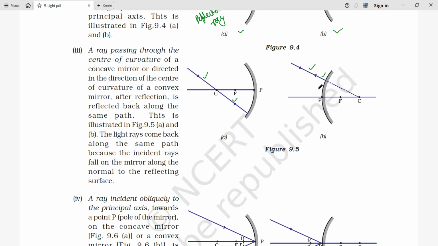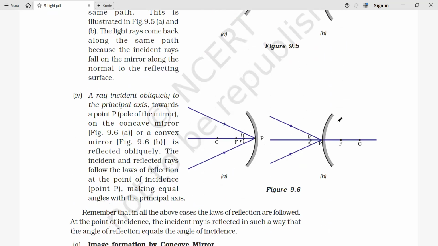Okay. Now the fourth one is about oblique incidence. Oblique incidence means the ray strikes the mirror at any angle apart from 90 degrees. That ray is called obliquely incident, so it will be reflected also obliquely.